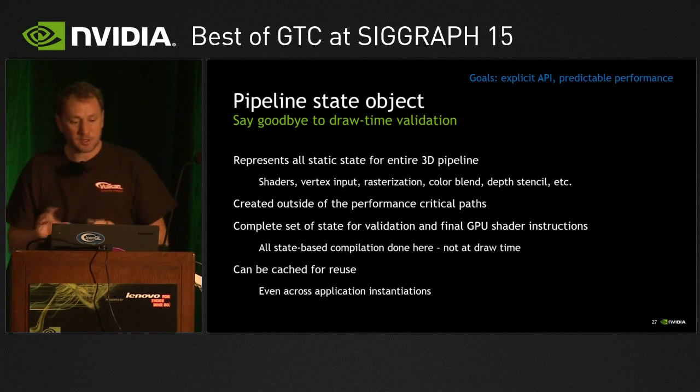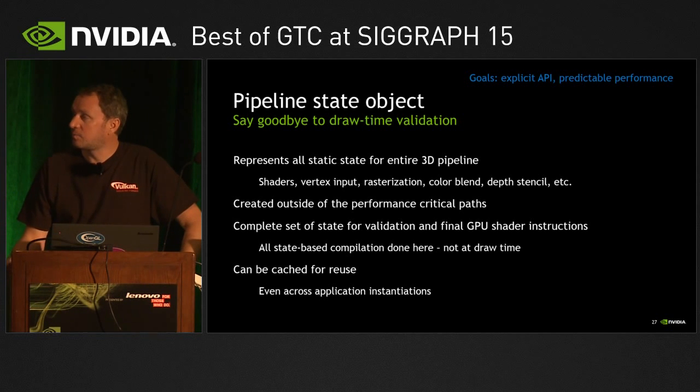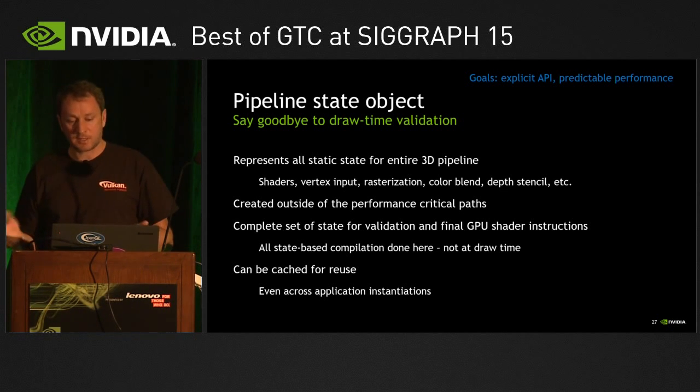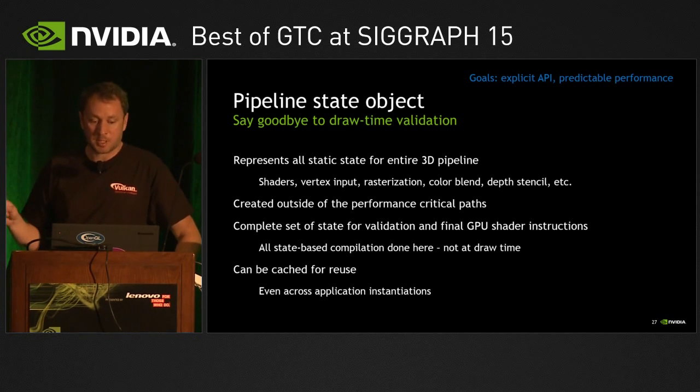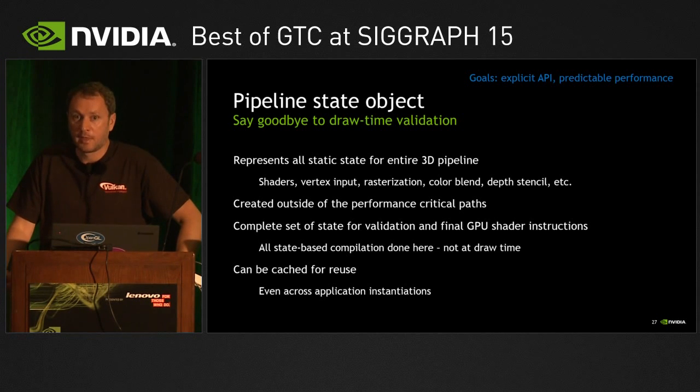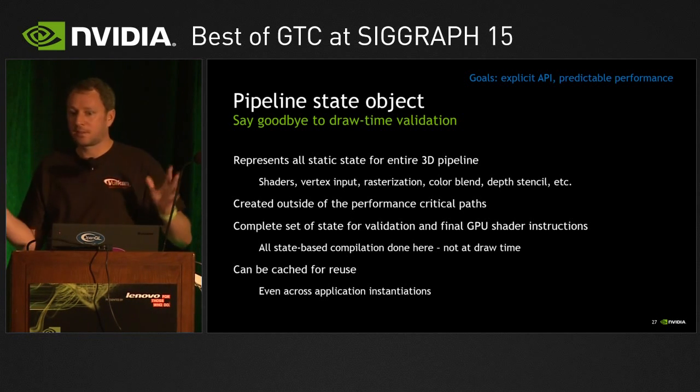Now, the pipeline state object was carefully designed such that all the state in it is the kind of state that might invoke a shader recompile on an implementation. So by unifying all the different states that could invoke a shader recompile across all the different implementations, we have a single pipeline state object where you can do all the work up front and know that once you've baked in your pipeline state object, you won't get another shader recompile, which is one of the limitations of other APIs, in that sometimes just when you do your draw call, suddenly the implementation goes off and does a shader recompile, and you didn't ask for it.